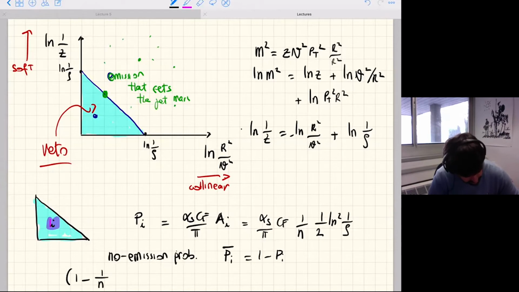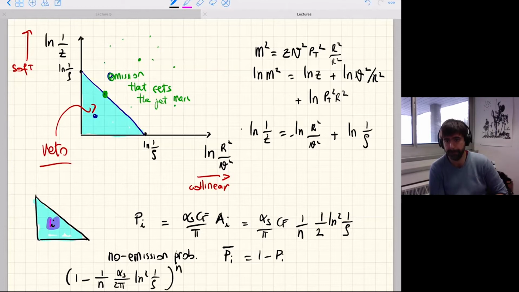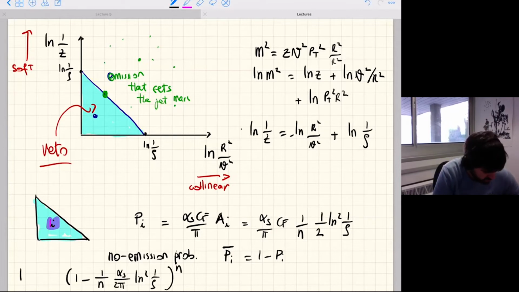So I have 1 minus alpha_s over 2 pi log squared 1 over rho, divided by n, to the power n. And then I take the limit in which I consider an infinite number of little squares, in the limit where the squares become smaller and smaller.